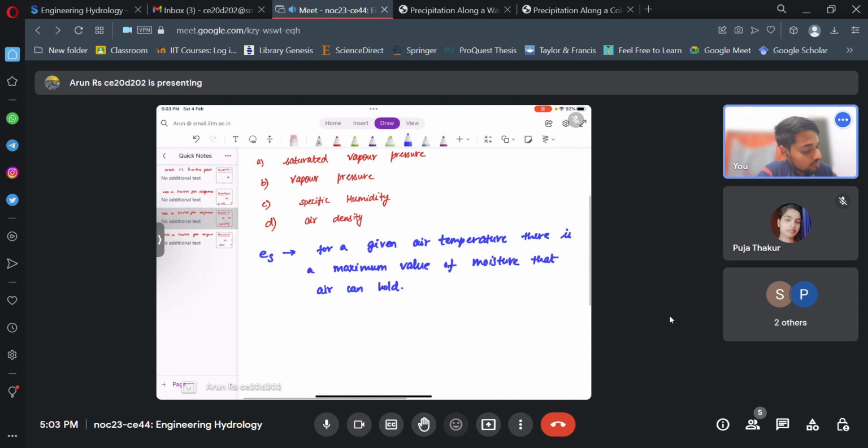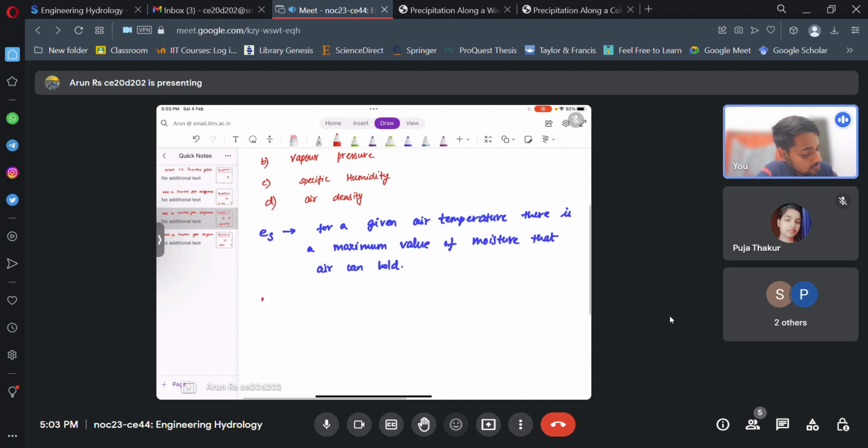So we'll calculate the saturated vapor pressure. It is given by this expression: 0.611 exponential of 17.27 times temperature of air divided by 237.3 plus temperature of air, and you will get saturation vapor pressure in kilopascals.